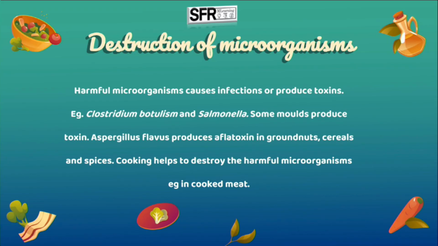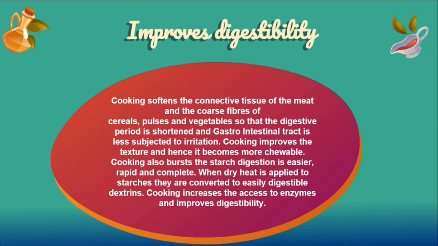Aspergillus flavus produces aflatoxins in groundnuts, cereals and spices. Sometimes foods carry many microorganisms. So when we subject the food components to heat for cooking, it destroys the microorganisms present in them. Cooking helps to destroy the harmful microorganisms in every food component.